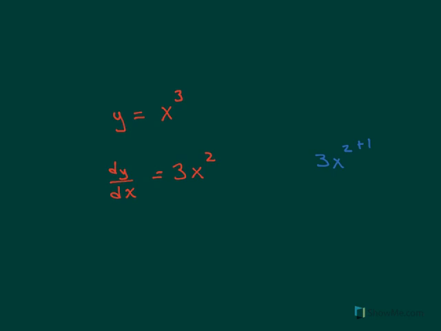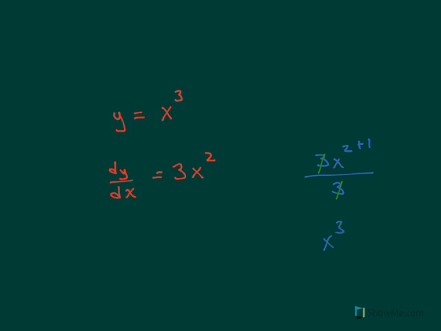The new power is going to be 3, so you're dividing by 3. Then if you simplify that, your 3's cancel, and simplify your 2 plus 1, that should get you x cubed.